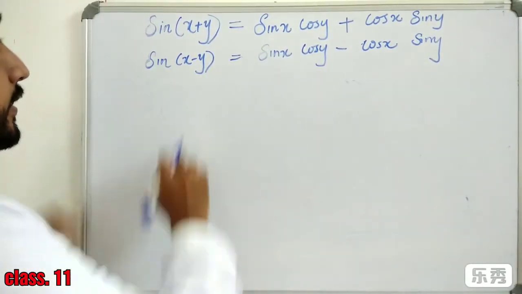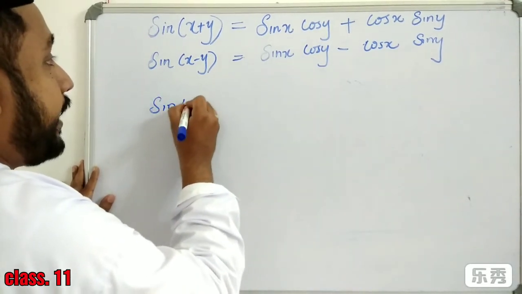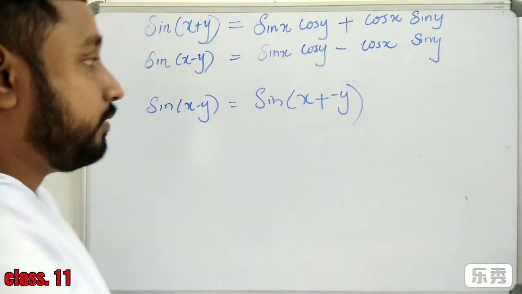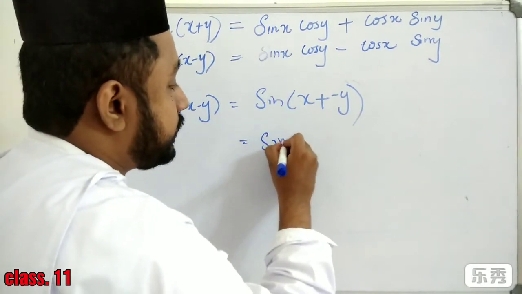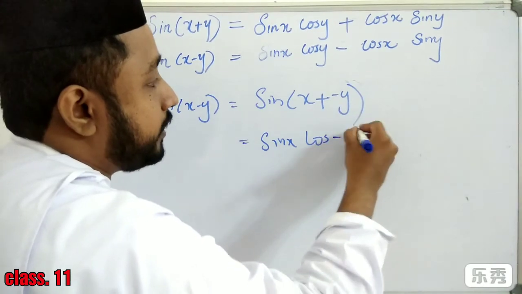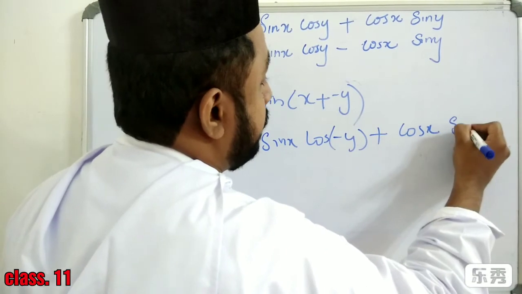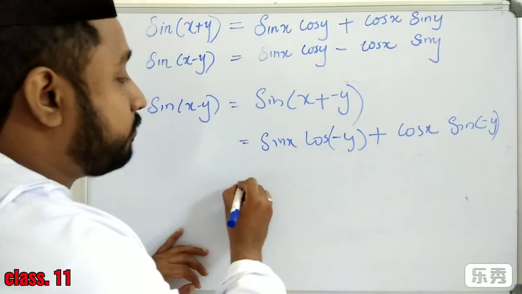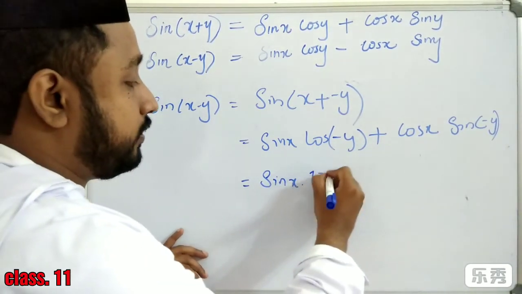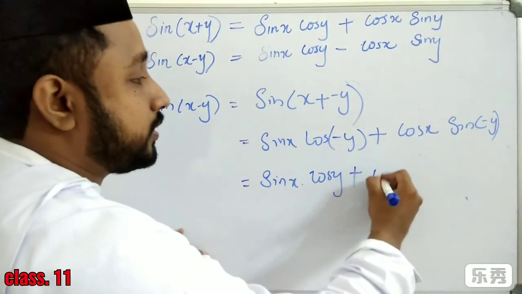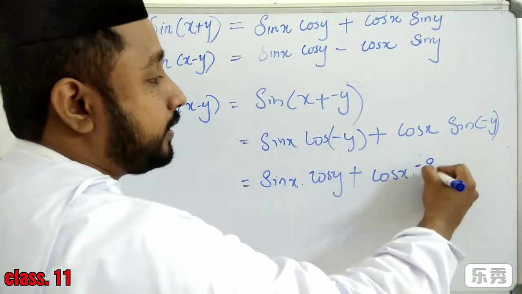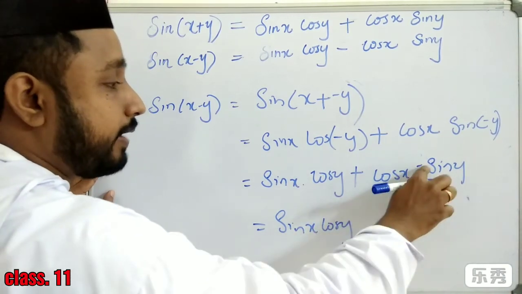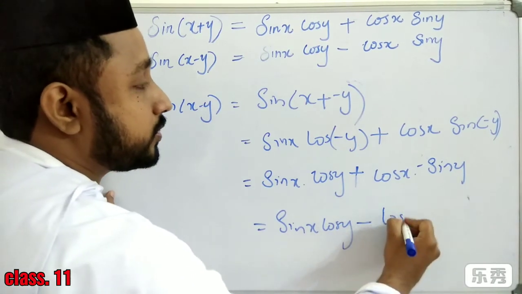Sin(x − y) means sin(x + (−y)). We know sin(x+y), so instead of y we use −y: sin x cos(−y) plus cos x sin(−y). Cos(−y) is cos y, and sin(−y) is −sin y. So it becomes sin x cos y minus cos x sin y.